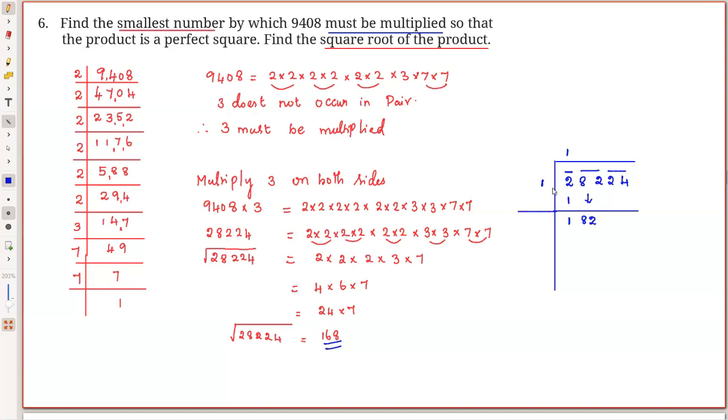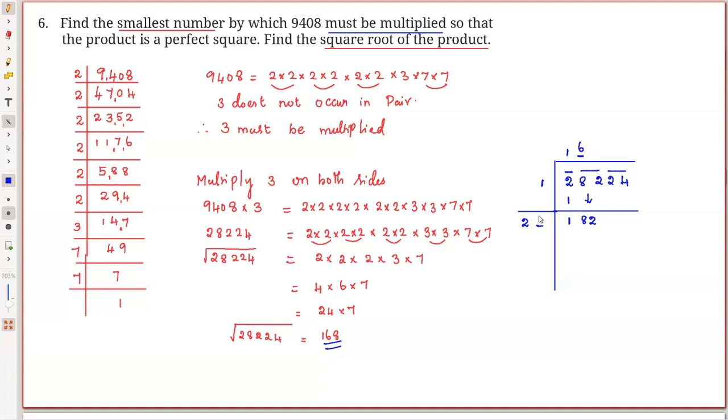Next step, you have to double the digits. 2 into 1 is 2. Dash, here also dash. Now you have to check what has to come here. Here 1 means 1, 2, 2, 3, 3, 4, 4. If I take 5 here, 5 into 25, so if I take 5 here also, 5 means only 125 is coming. So we can go with 6.